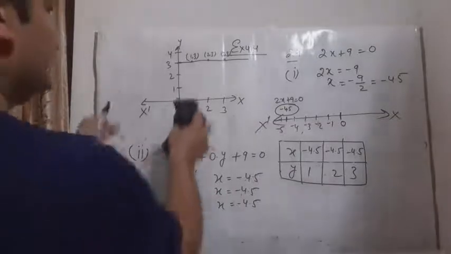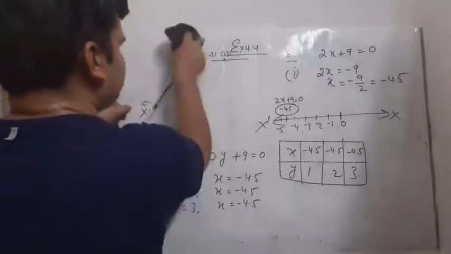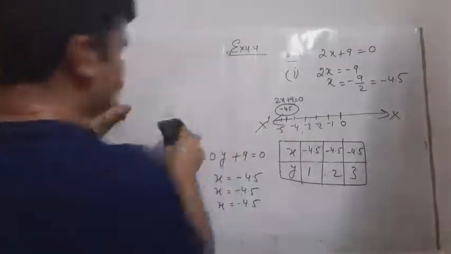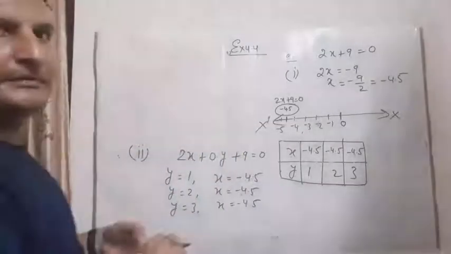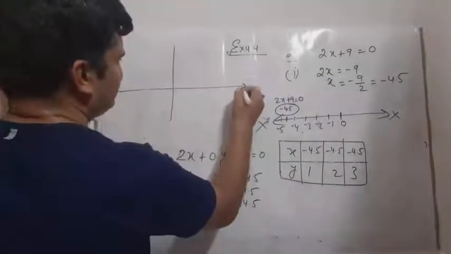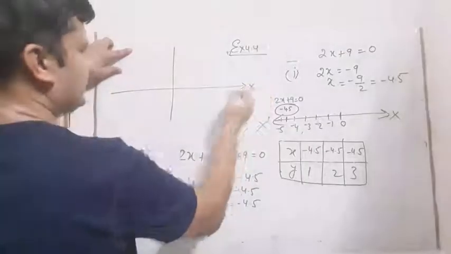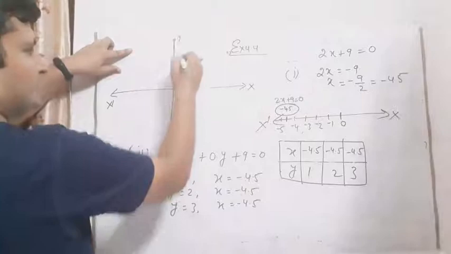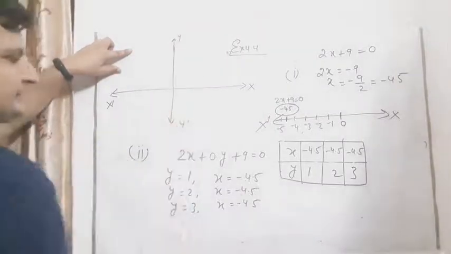How can we show it? Again make the graph of this equation. This is the x-axis, this is the y-axis, this is y dash.